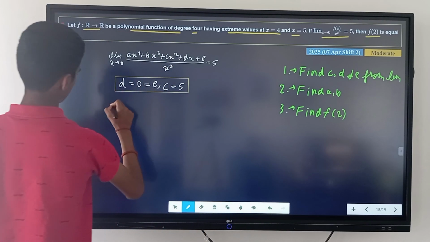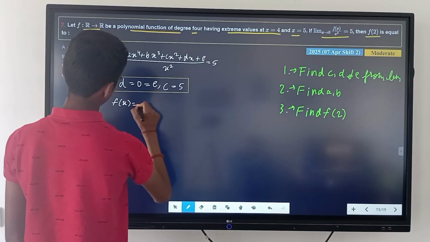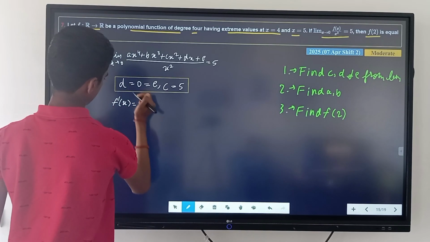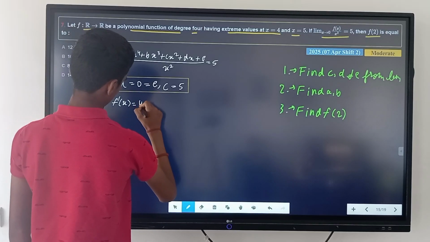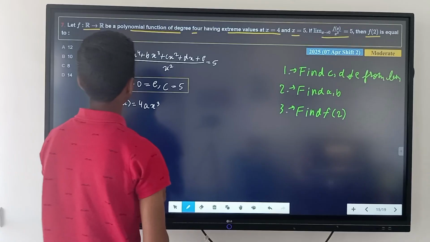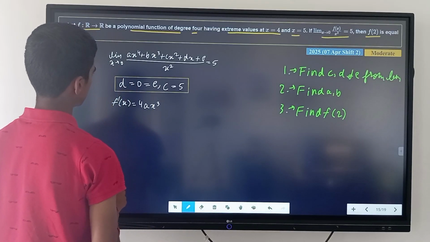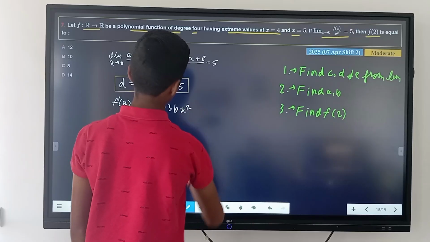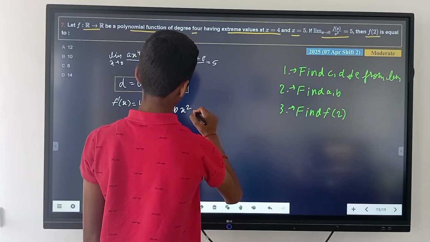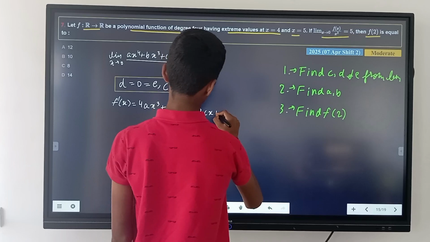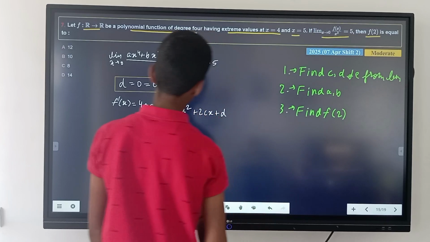Now f of x will be ax^4 and so on. Let's write f dash x. This will be 4ax cube plus 3bx square plus 2cx.